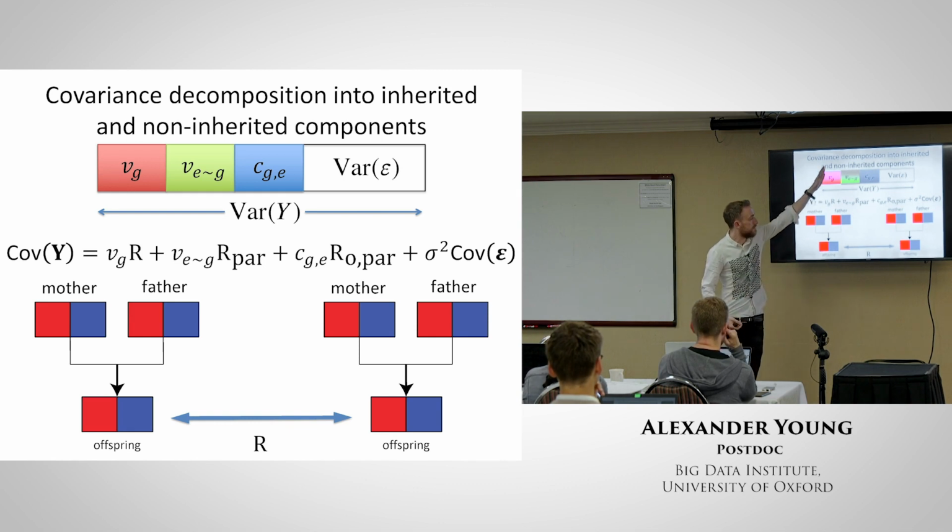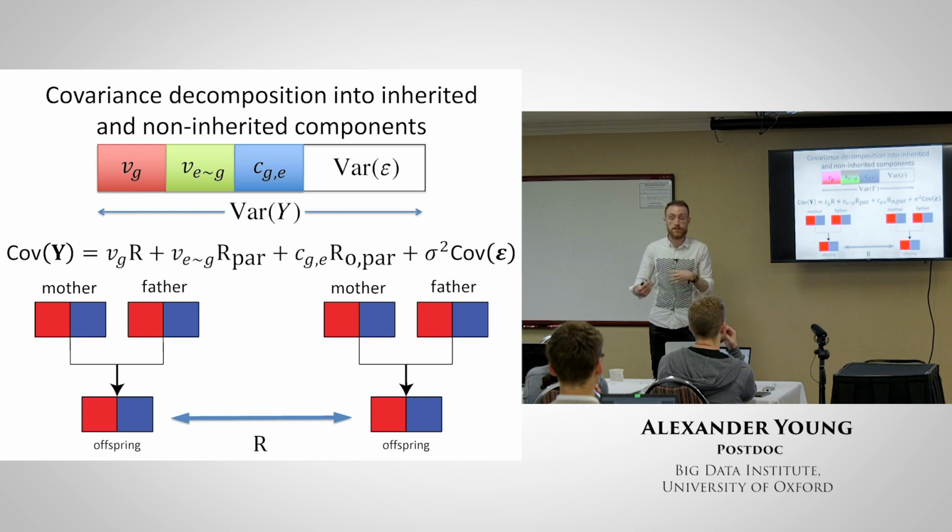So you can see how these different components of phenotypic variation contribute to the covariance between pairs of individuals in a population. And the covariance between a pair of individuals due to the direct genetic component is given by the relatedness matrix, the relatedness coefficient that I derived before.